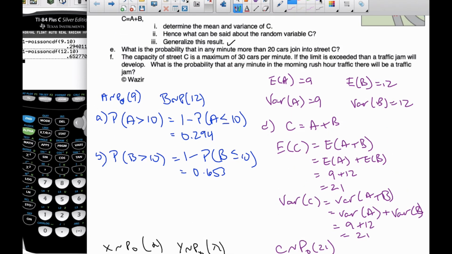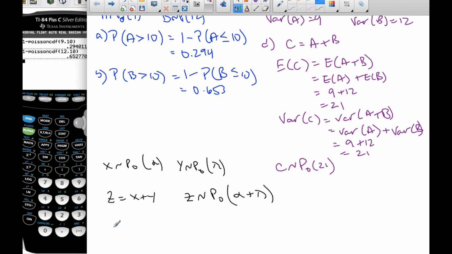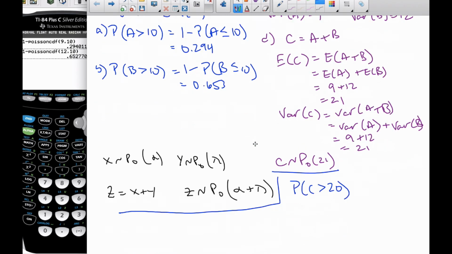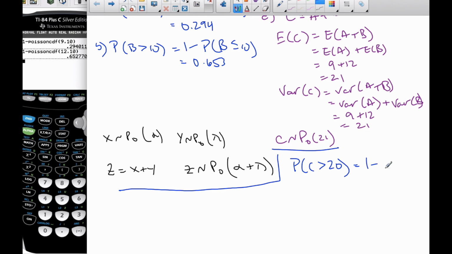It's a key result. Continuing on, part E asks what's the probability at any minute more than 20 cars join into street C? Now, if I consider C is Poisson with expected value of 21, I want the probability that C is more than 20 cars. That's going to be 1 minus the probability of C less than or equal to 20.